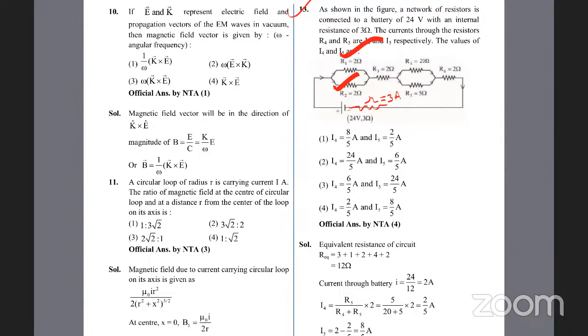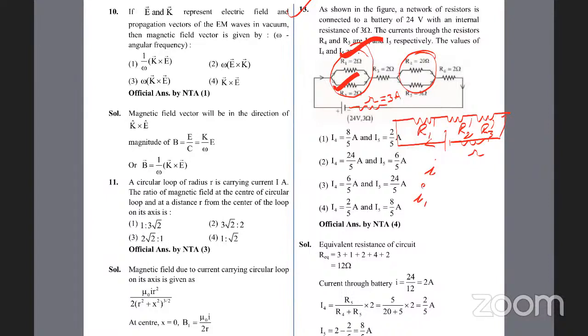We have to find the currents I4, I5. It is a very easy, straightforward formula. These two are parallel, and these two are parallel. And we can write R1 dash, R2 dash, R3 dash, and internal resistance R. You can find the current. So once you know the current, you can find the current flowing through each resistor.